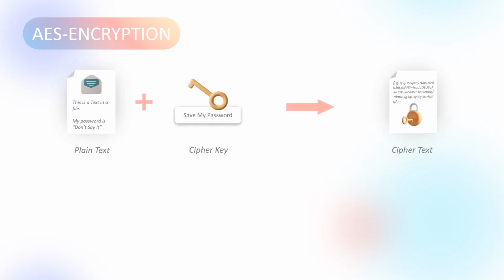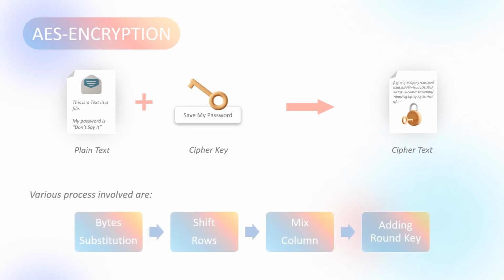AES Encryption. This is performed after key scheduling, where the round key is generated, which is used to convert a plain text into cipher text. The processes involved are byte substitution, shift rows, mix columns, and adding round key. In the next slide, we will visualize AES-128 encryption, which consists of 1 initial round, 9 intermediate rounds, and 1 final round.